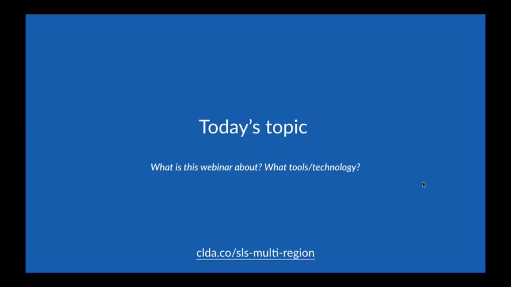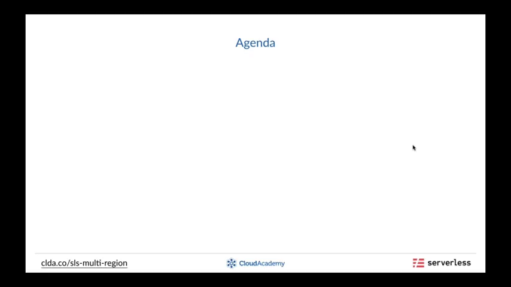Cool. So what's the agenda? We'll start by discussing why serverless is such a good fit for web APIs, meaning HTTP, GraphQL, whatever protocol you're using. Let's just say web APIs. Then we'll discuss why going multi-region makes sense. What are the main reasons and advantages?